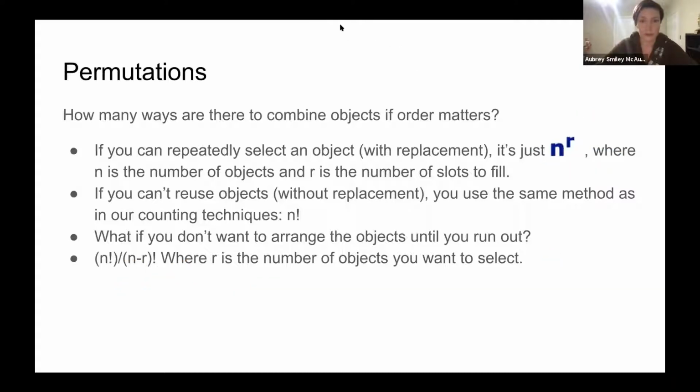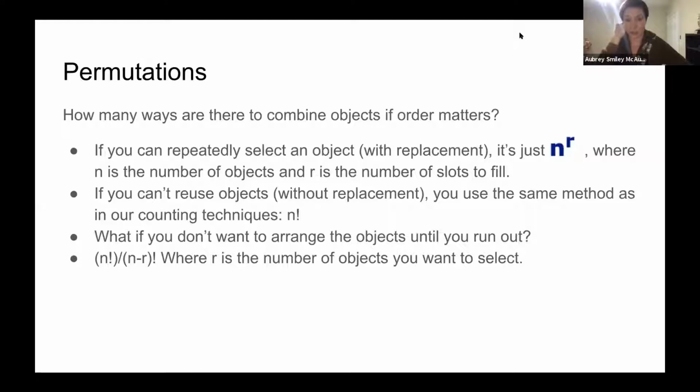All right, so when we talk about permutations, we are assuming that we are selecting a certain number of them and that their order matters. So you can do this with or without replacement. If you want to repeatedly select an object and you can use the object multiple times, it's just like the digits in that license plate: it's the number of digits available to you times itself, however many spots you need to fill.